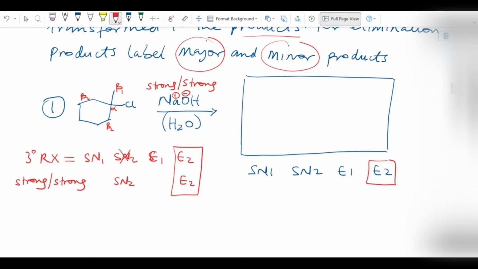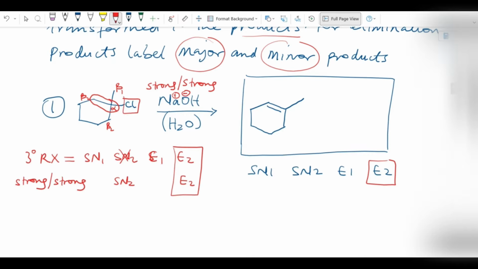All right, so we have to place the double bond between the alpha and beta carbon in order to form an elimination product. So if we place the double bond between those carbons, then we would have this alkene. Usually, you just have to draw the alkene, the double bond.